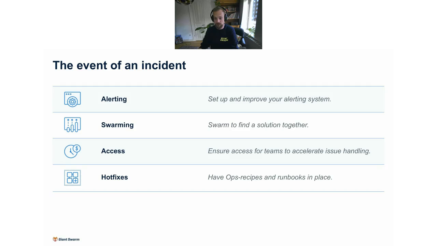Sometimes you cannot identify the root cause. Sometimes Kubernetes or the platform has some twists. You have to be prepared for that, and sometimes hotfixes might help. Make sure that you have ops recipes or runbooks in place to give a solution for common errors and have a hotfix there.